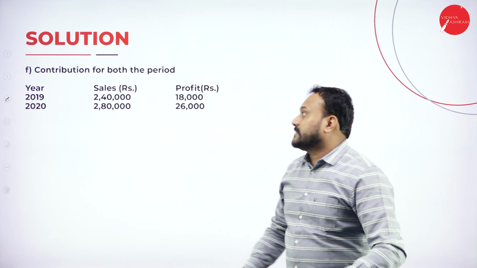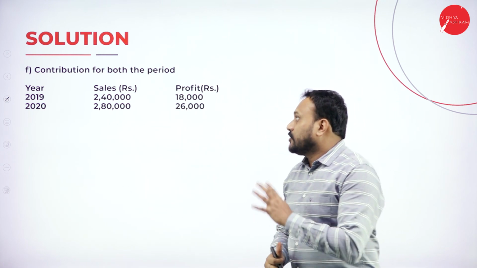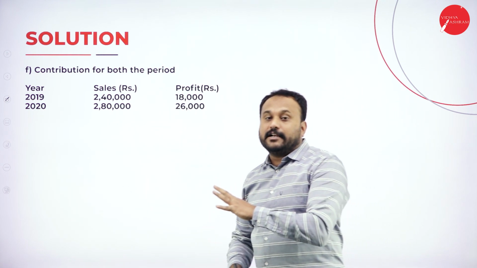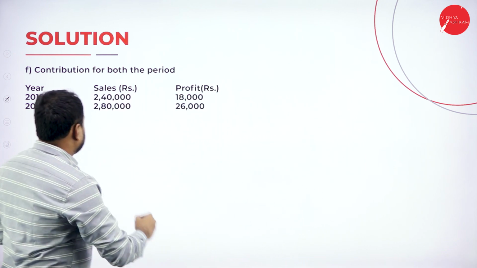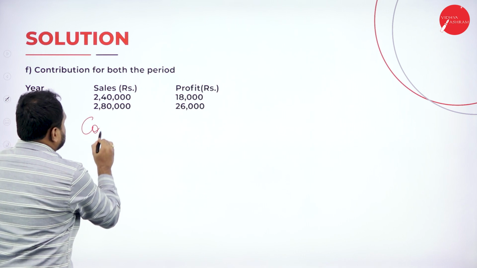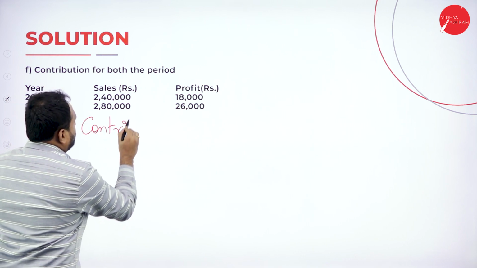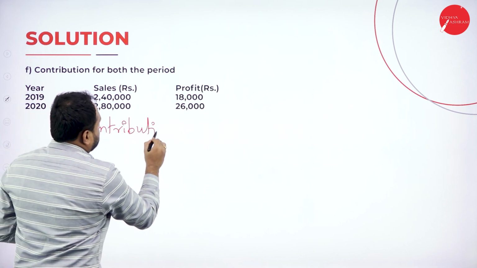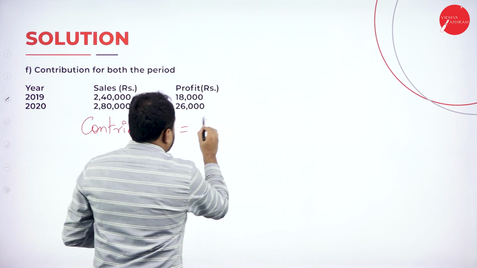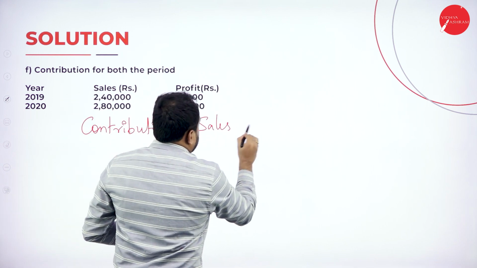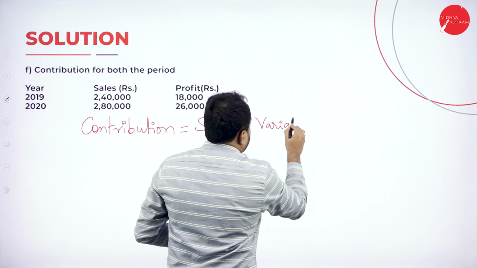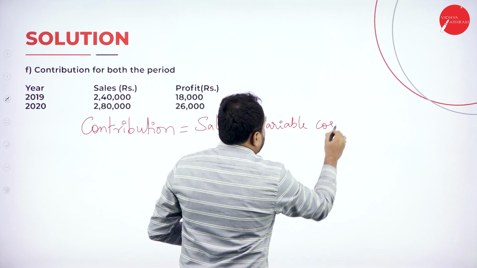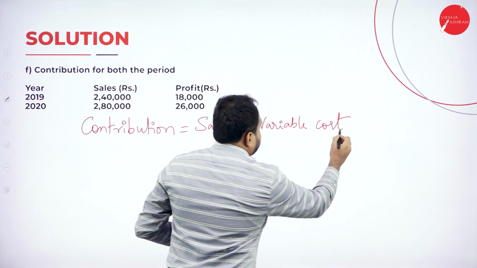What is the question they have asked? They have asked for contribution for both the periods. Now what is the contribution formula? Understand, there are two contribution formulas. Contribution is equal to sales minus variable cost.